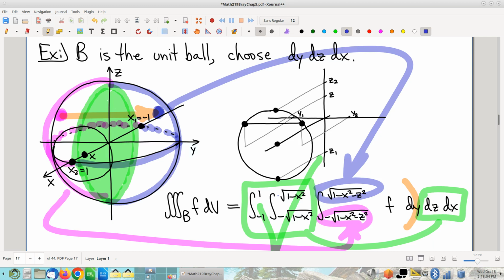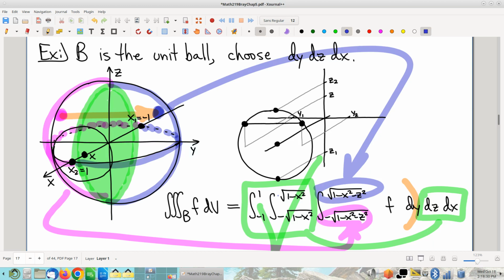Everybody all right? Yep. So to clarify, for the y segment, you're isolating y, and you're not fixing any variables. X and z are both fixed. Yeah. X and z.